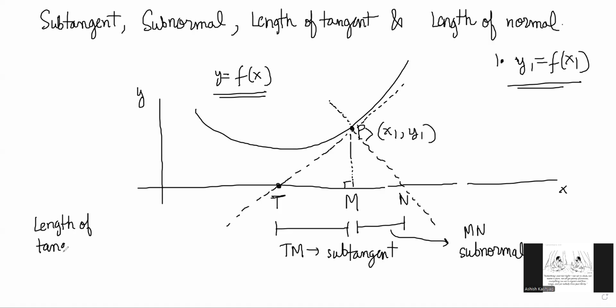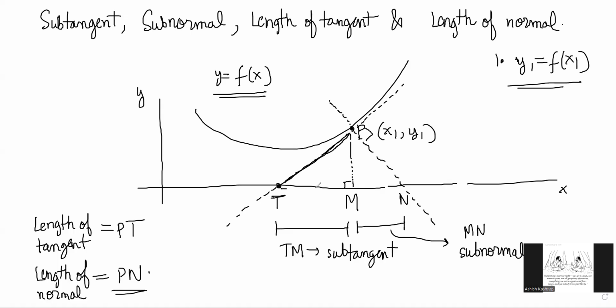Length of tangent is equal to PT, and length of normal is PN. So basically, in this figure, you should be able to recognize these four distances, and these four distances are given names: subtangent, subnormal, length of tangent, and length of normal.